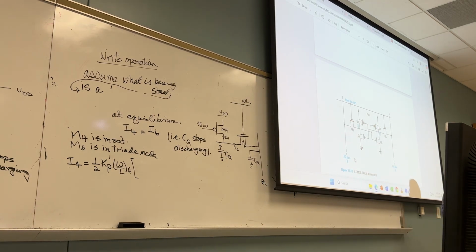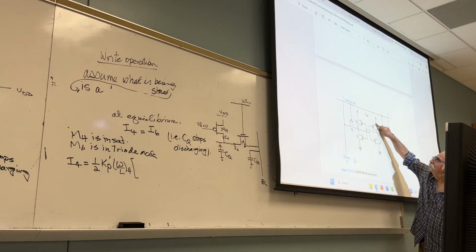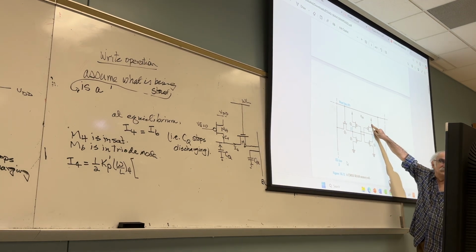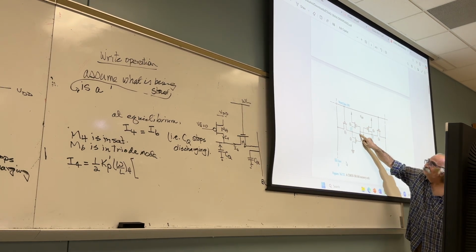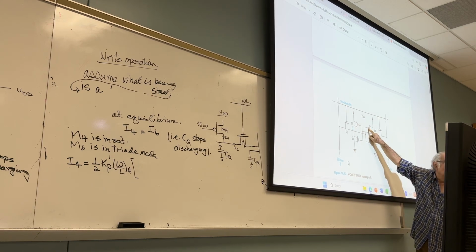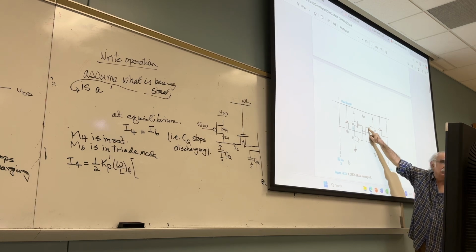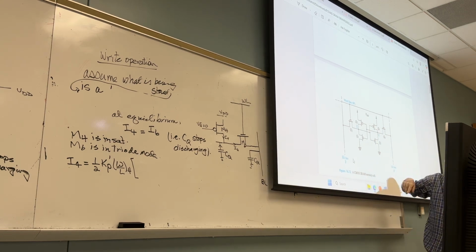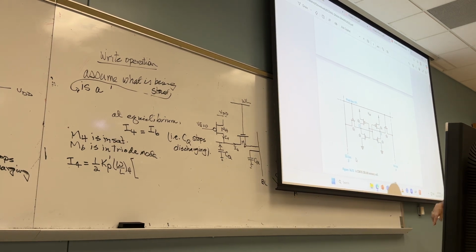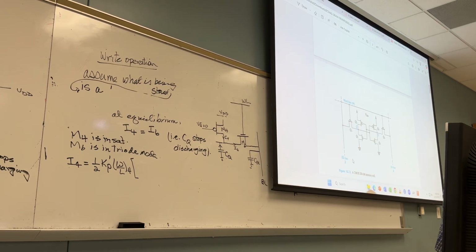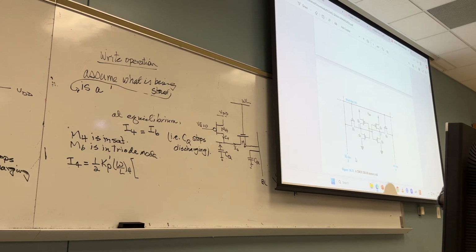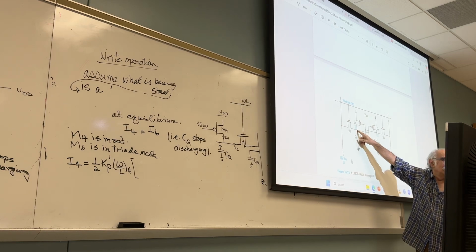VGS: what is the S? VDD. What is the G? Q bar, which is 0. So VDD. After the switch, what is VQ bar? 1, VDD.